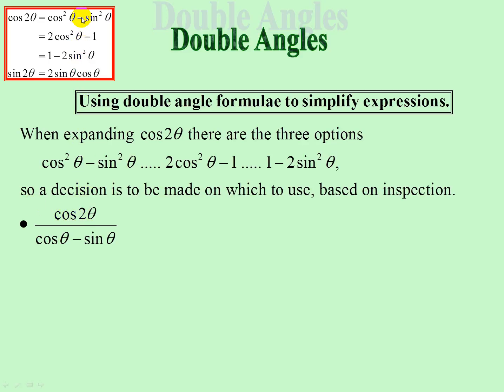Picture putting cos squared minus sine squared on top. Does it have potential? Picture putting 2 cos squared minus 1 on top. Picture putting 1 minus 2 sine squared on top. Now my guideline is that there's a cos and a sine which cannot be simplified on the bottom. So I'm likely to take the first one, which has coses and sines.